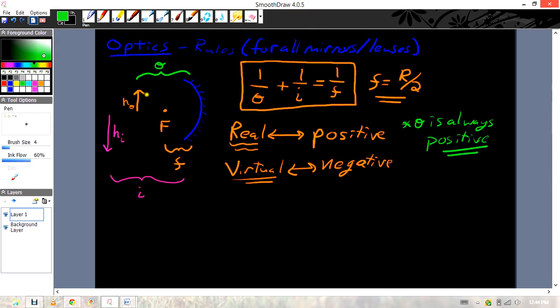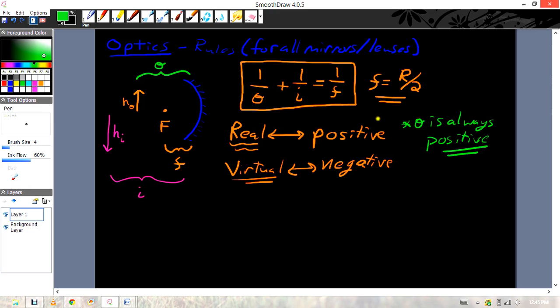There's no such thing as a virtual object. You can't have a not real thing in reality. Everything that you put in front of a mirror or a lens is real. It emits light of real photons. They do not have to be imaginarily created with dotted lines of imagination or pretend lines of connection. It is a real thing. So O is always positive.